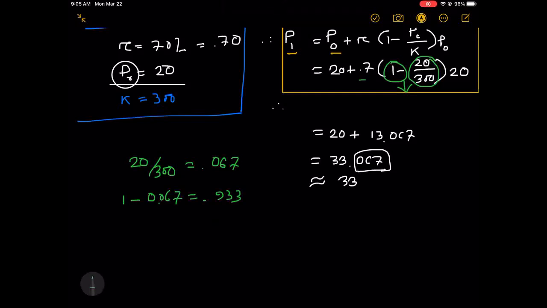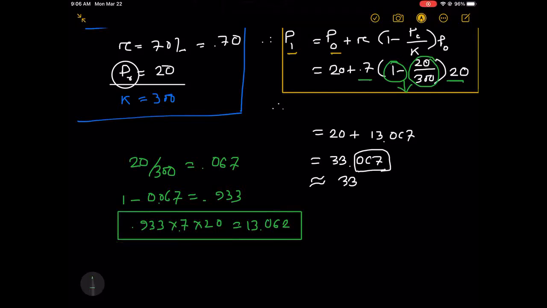Then we'll multiply it by 0.7 and 20. So 0.933 times 0.7 times 20. 0.7 times 20 gives you 30.062. Now, does it make sense?